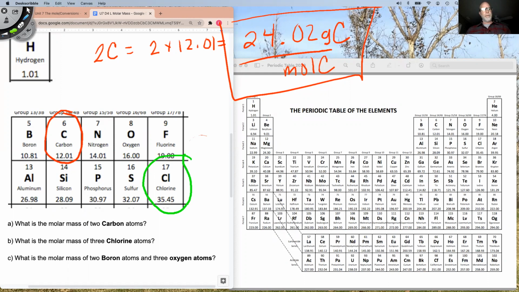It says 1.0635 times 10 to the 2. Whoa, lots of information there.